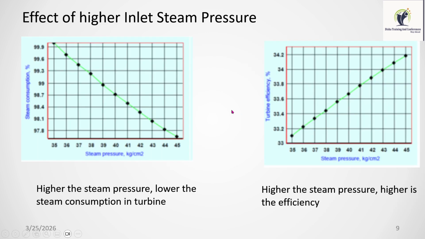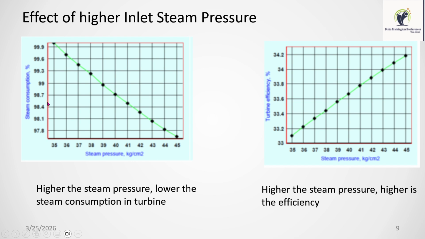Now you see the effect of steam pressure. Suppose earlier the boiler turbine entry pressure was 35. Now if we increase the pressure to 45 bar, kg per centimeter square, then you see, when the pressure was 35, the steam consumption was more, 99.9%. But when we increase the pressure up to 45, the steam consumption has come down to 97.8%.